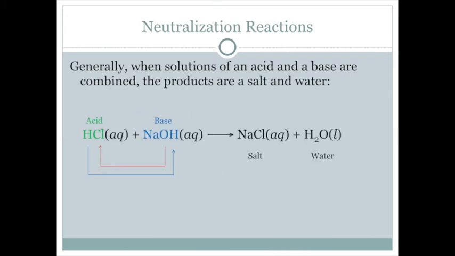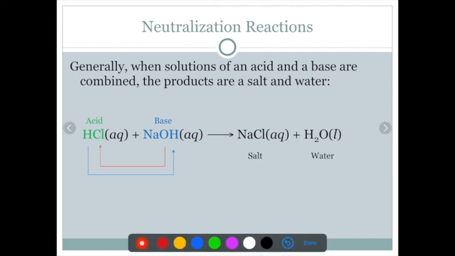Okay, so we said for the neutralization reaction or an acid-base reaction, that's exactly what it is. We have an acid reacting with a base, and it produces water and salt every time, okay? Because what's happening is the acid has the hydrogen, right?